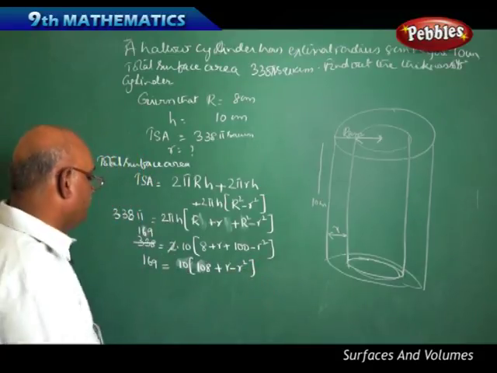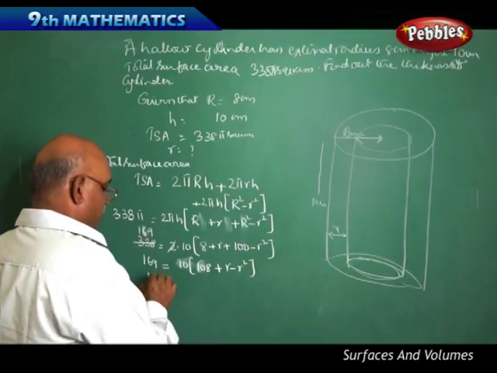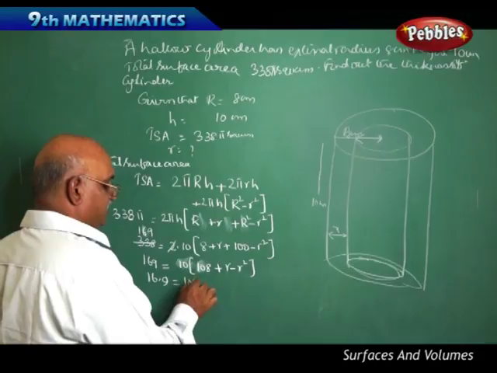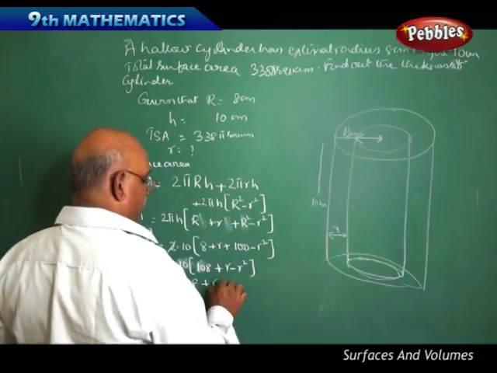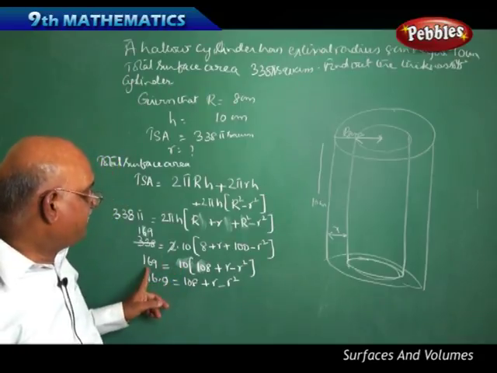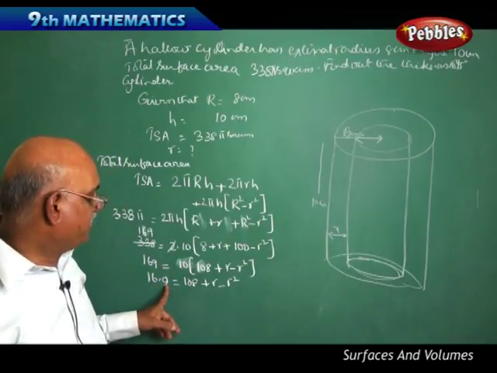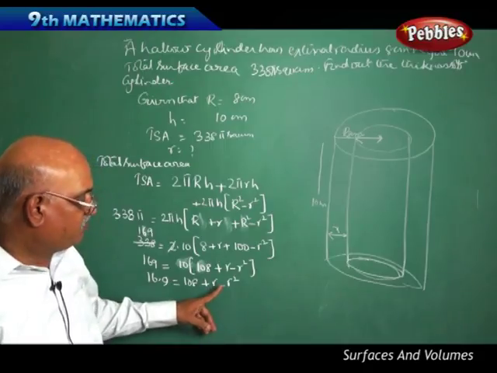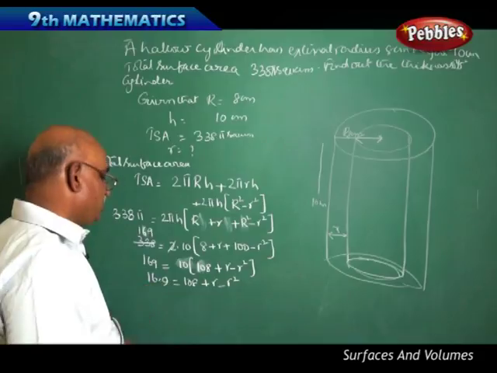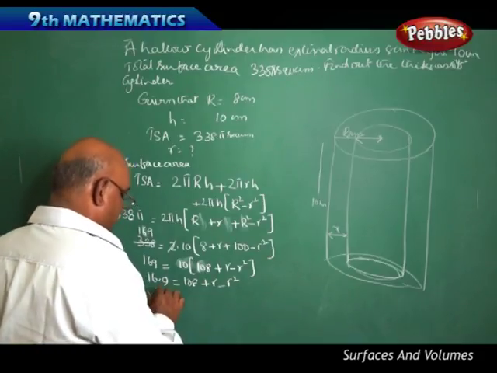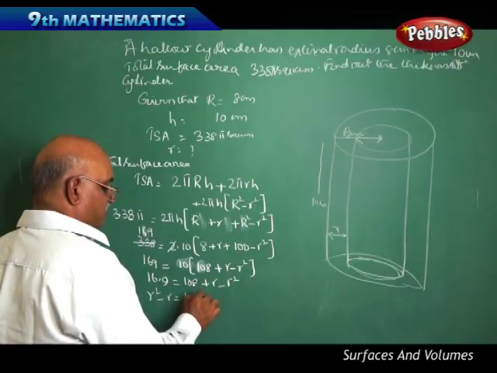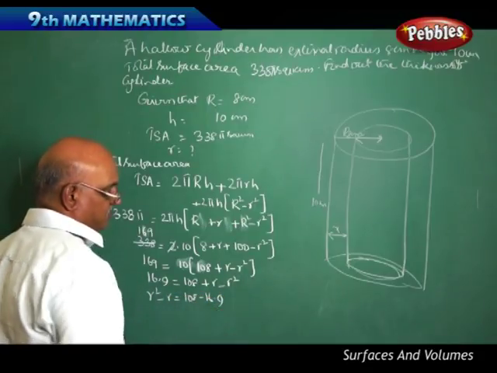Here we have 16.9 is equal to 108 plus r minus r square, because I am dividing by 10. Now we can write r square minus r is equal to 108 minus 16.9.